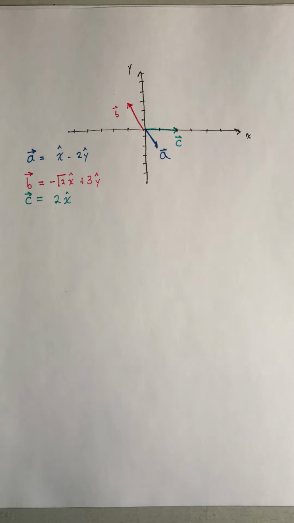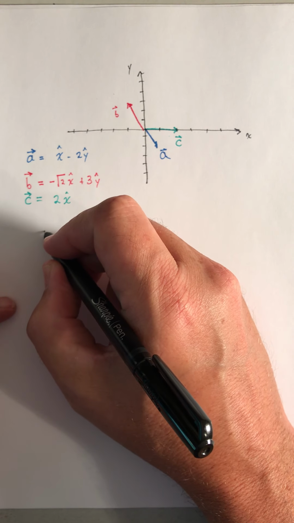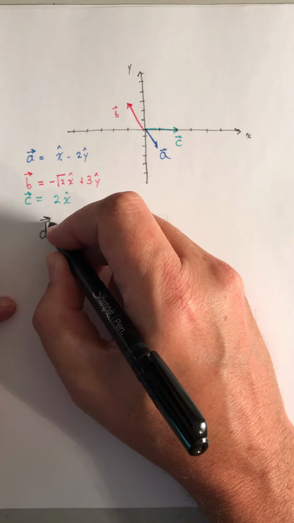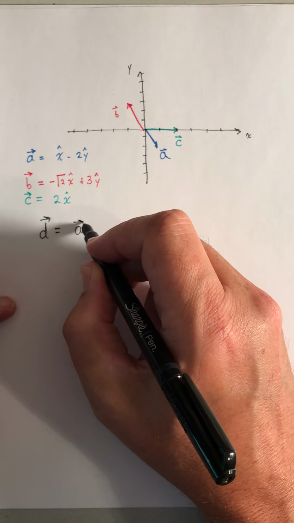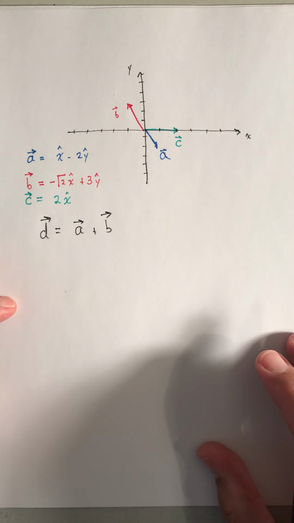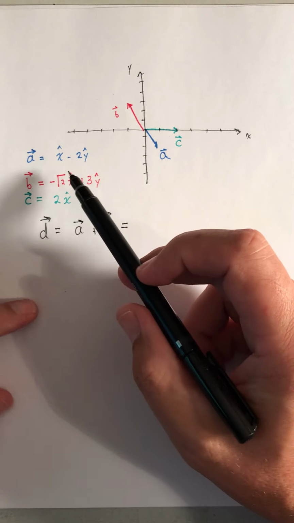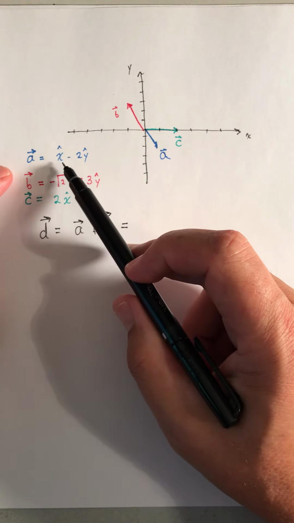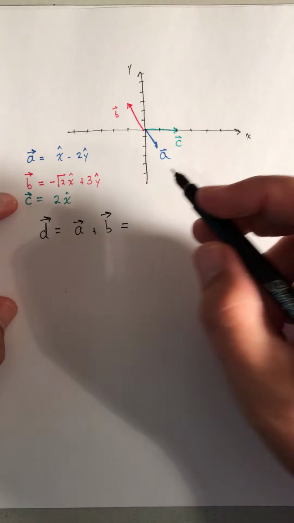The first thing we're asked for is calculating the vector D, that is the sum of A plus B. So let's get started. A and B are already in components, so I can just add them together component-wise. A's x component is plus 1, B's x component is minus root 2.